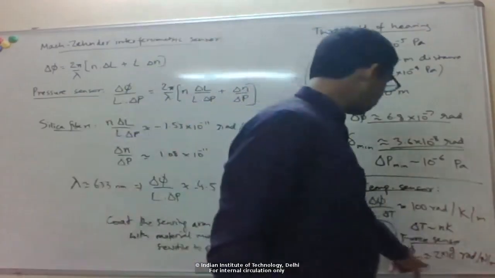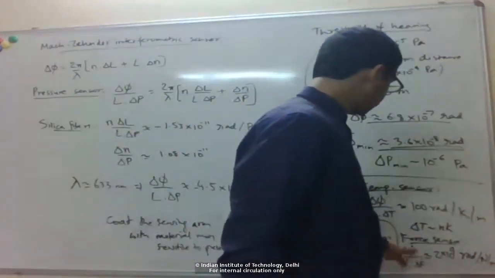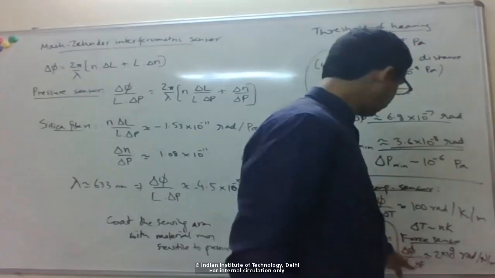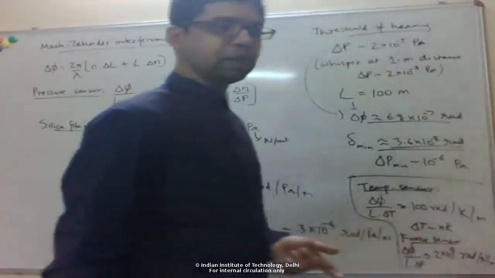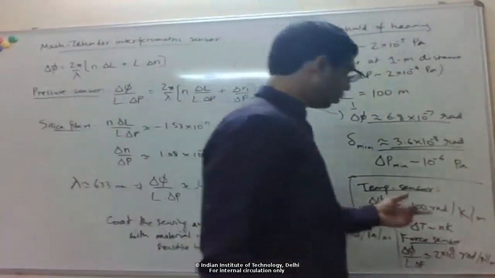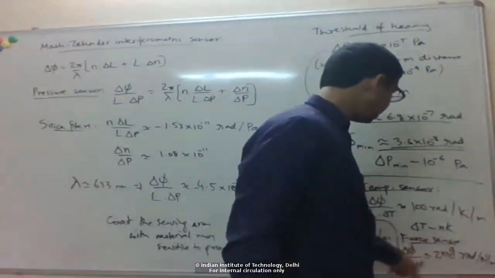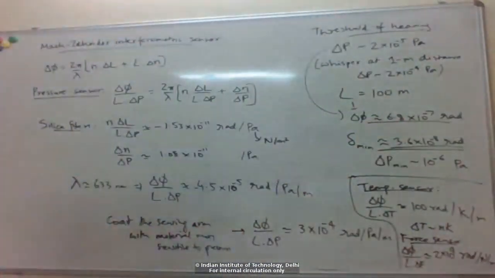So if I put the minimum detectable phase at 10 to the minus 8, then you can see we can pick up 10 to the minus 12, so 1 piconewton level of forces, with a meter of fiber length. So these sensors can be really, really sensitive. Okay, so that's all about the Mach-Zehnder interferometric sensor.